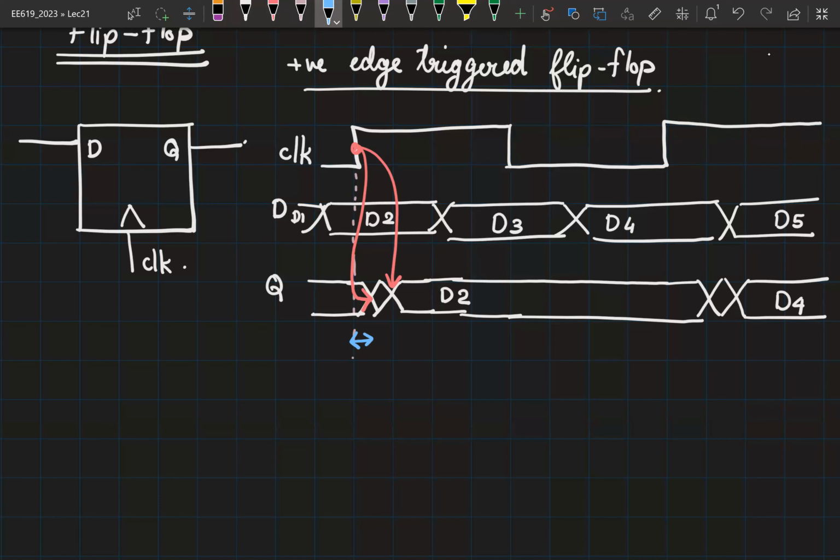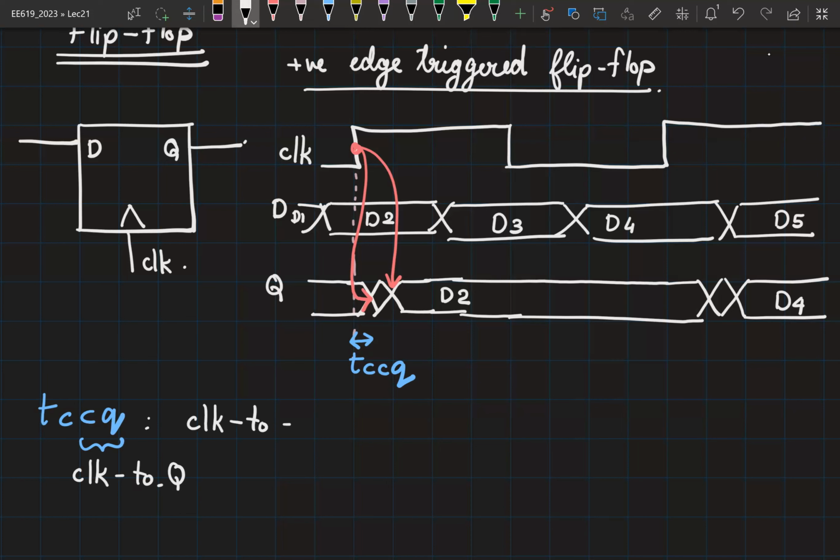Delay, okay. So where is this delay between? Clock to Q. So we call this as clock to Q contamination delay. So this is TCCQ. So here the CQ stands for clock to Q. And this is now clock to Q contamination delay.